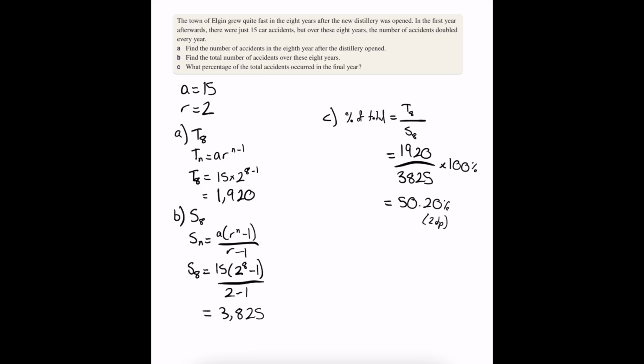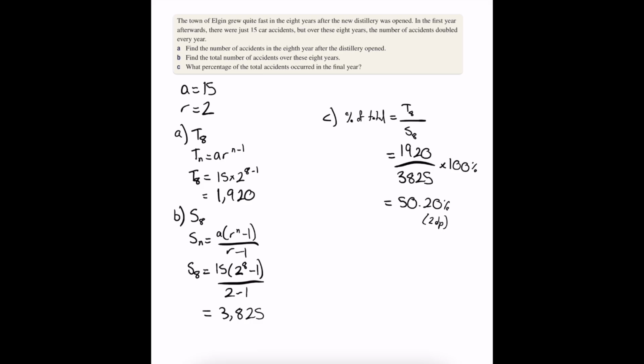So we can see that the last term makes up 50% of the total of the first 8 terms, or at least the sum of the first 8 terms. So this is sort of illustrating how quickly a GP can grow. So this is just with a ratio of 2, but obviously the larger and larger your ratio is, the faster this series is going to grow as you move along each term.